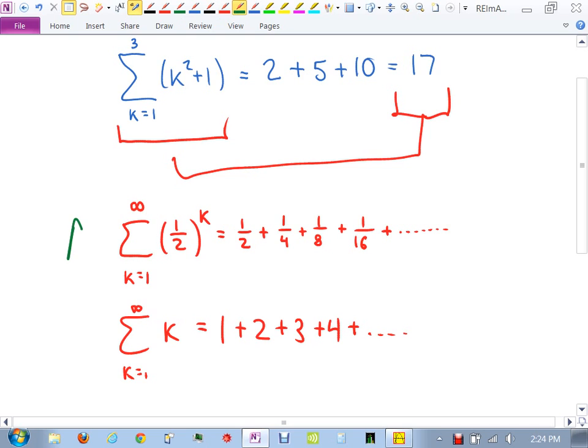Let's label these A and B. They're both infinite sums, aren't they? Which one of those obviously is unbounded, just becomes infinitely large? The second one, B, right? 1 plus 2 plus 3 plus 4 forever is going to just go to infinity. Bless you. What about the first one though? What about A?